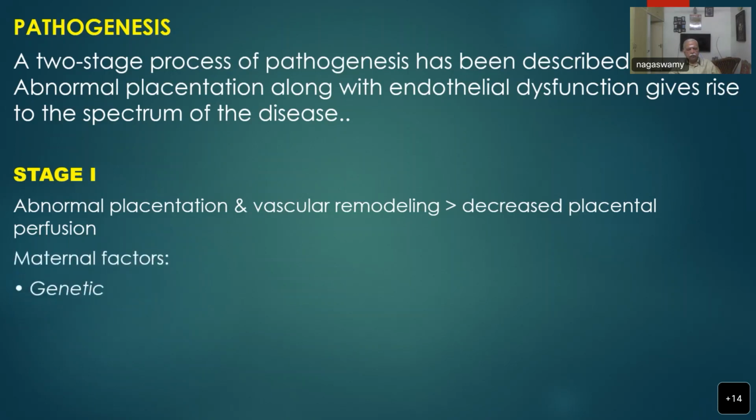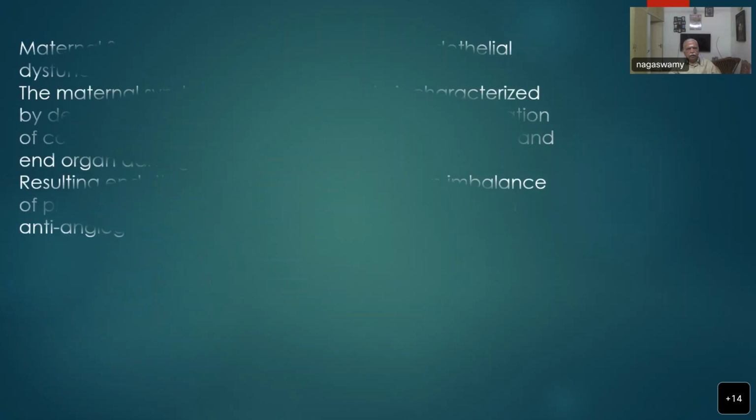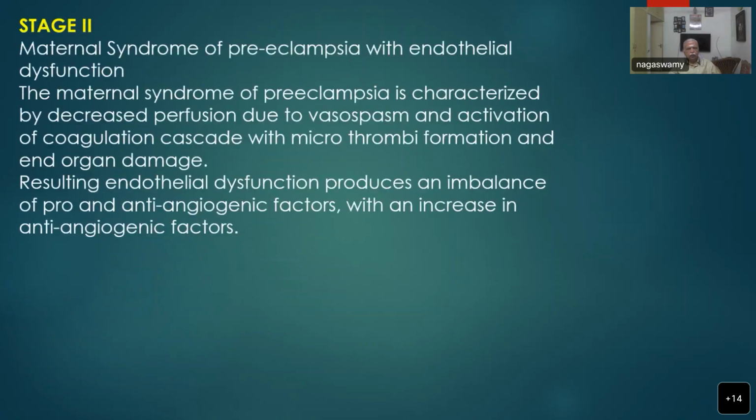What are the causes for that? It can be maternal, which is genetic, behavioral, environmental, or in the stage 2, the maternal syndrome of preeclampsia with endothelial dysfunction. So in stage 1, it starts at the placenta and uterus level. In stage 2, it spreads to the entire body. So it becomes a maternal syndrome of preeclampsia, and endothelial dysfunction occurs all over the body.